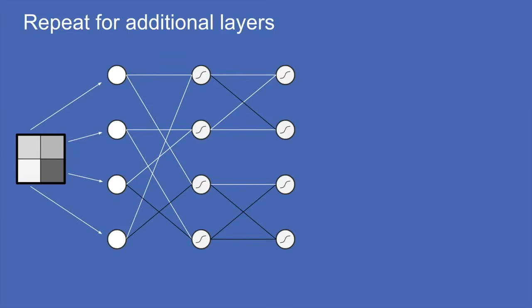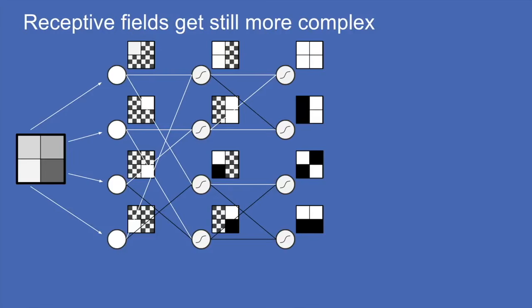And we can repeat this 3 times or 7 times or 700 times for additional layers. Each time the receptive fields get even more complex. So you can see here, using the same logic, now they cover all of the pixels and more special arrangements of which are black and which are white.